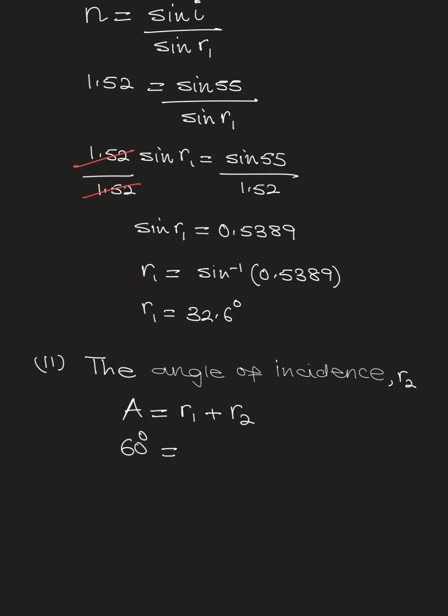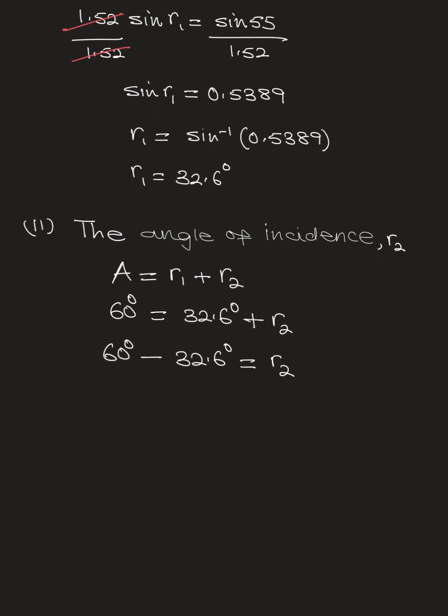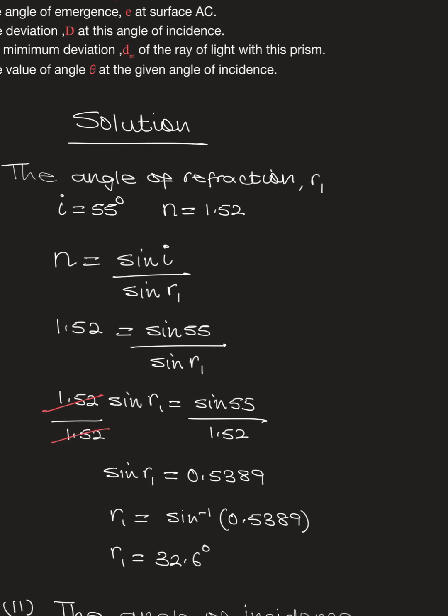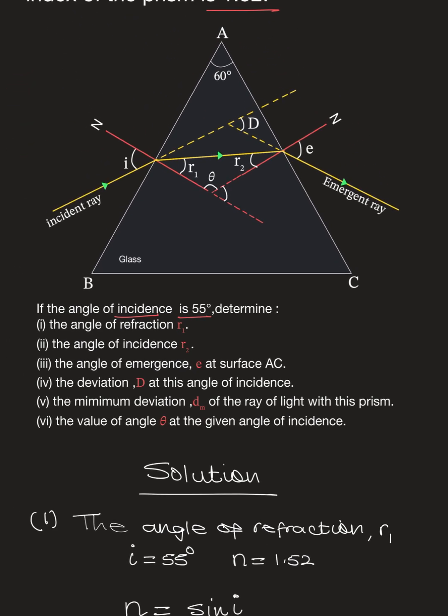This is equal to R1, calculated as 32.6 degrees, plus R2. So 60 degrees minus 32.6 degrees is equal to R2. 60 minus 32.6 is 27.4. Therefore, R2 is equal to 27.4 degrees. Moving on to question 3, it wants us to find the angle of emergence E.